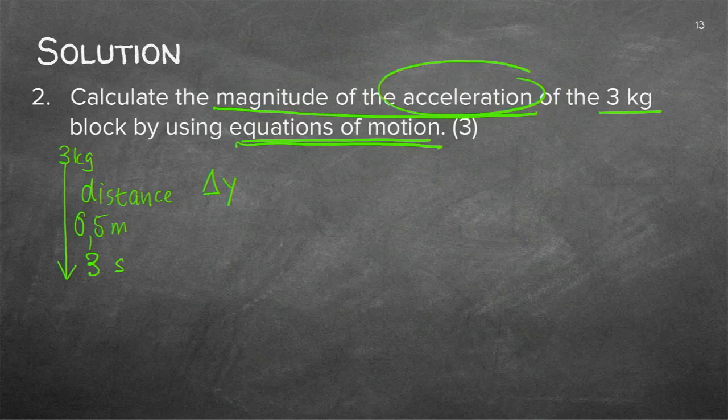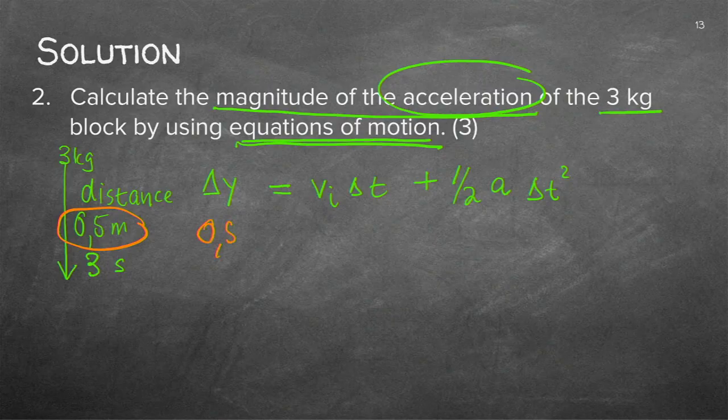I've got delta y equals v_i delta t plus a half acceleration delta t squared. This we did in section 3. I've got delta y. They just gave it to me in the diagram, so it's 0.5.